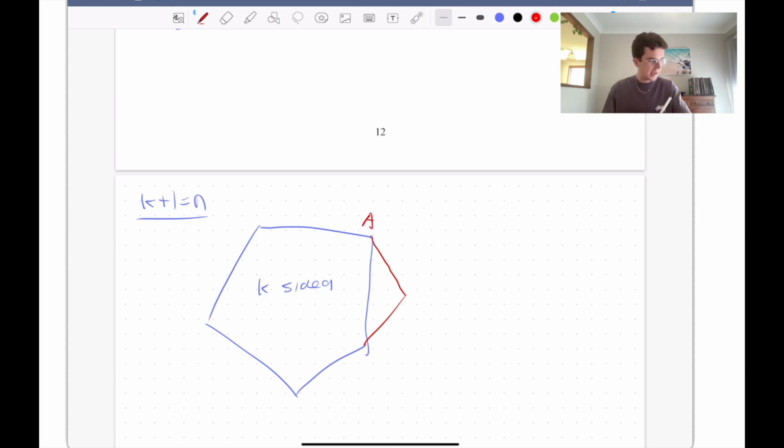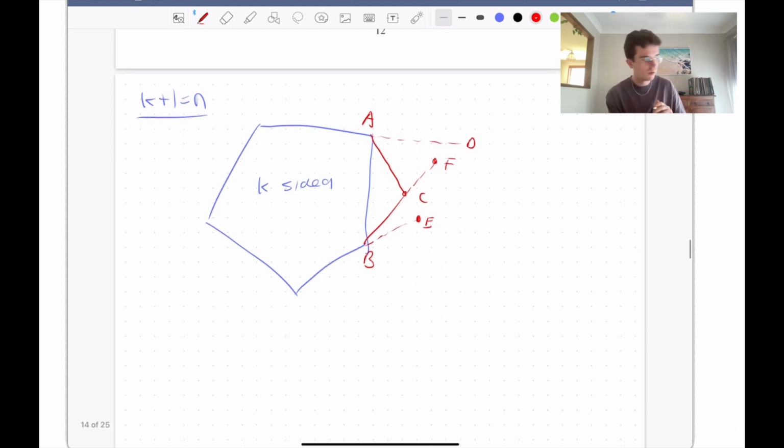So we might call this A, B, C, and I might extend my exterior angles out like this. I might extend this out to here, and extend this side out to here, to points E, D, and F. Okay.